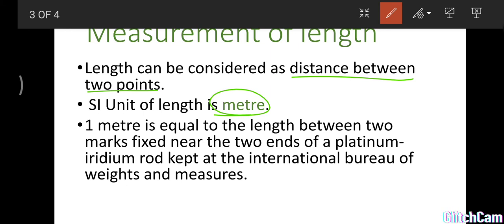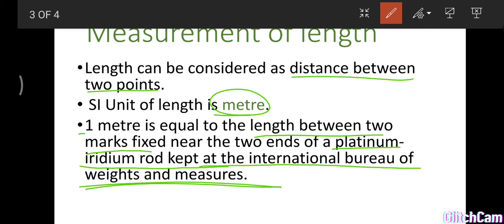This is important. Previously we followed this one: the length between the two marks fixed near the two ends of a platinum iridium rod kept at the International Bureau of Weights and Measures at Sèvres near Paris in France.